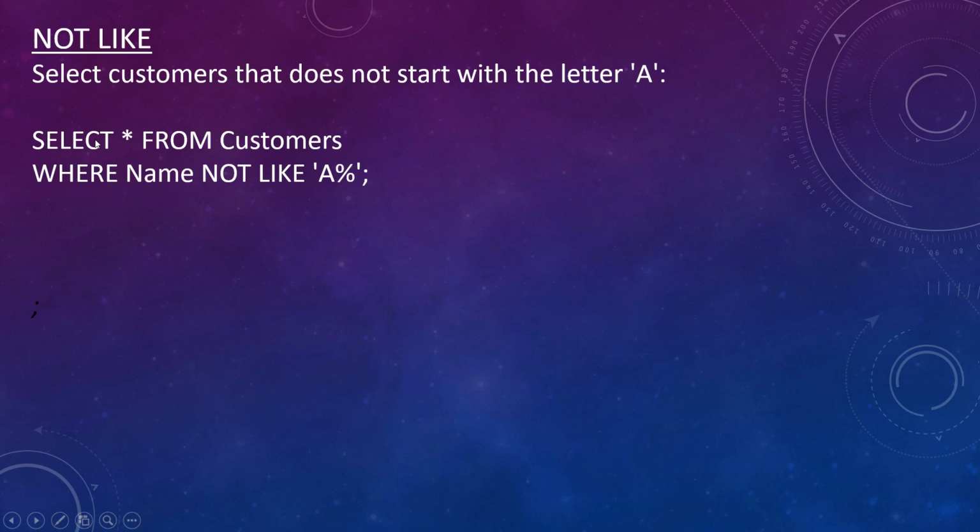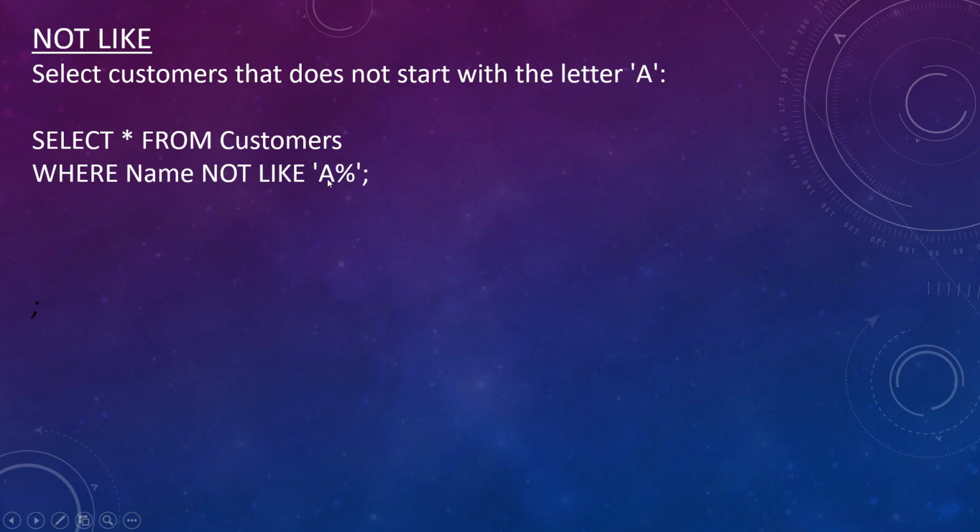I want all the customers that do not start with the letter A. There are customers whose names start with A, and other customers whose names do not start with A. Here I want all the customers whose name doesn't start with the letter A. So this is how I will write the query: select star from customers where name NOT LIKE 'A%'. So this is basically the syntax.